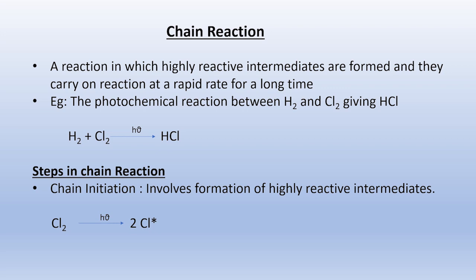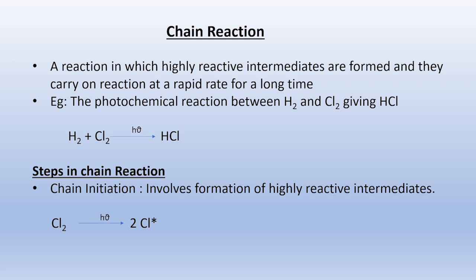One example for a chain reaction is the photochemical reaction between H2 and Cl2 yielding HCl. So here it is the light assisted conversion of H2 plus Cl2 giving HCl. Now let's see the different steps in a chain reaction. The first step is chain initiation.